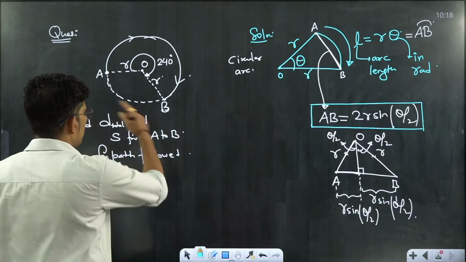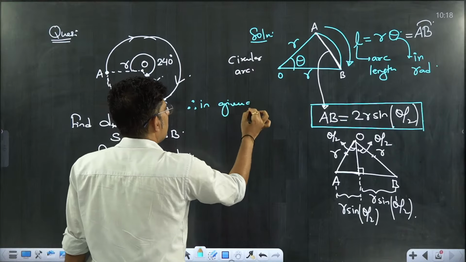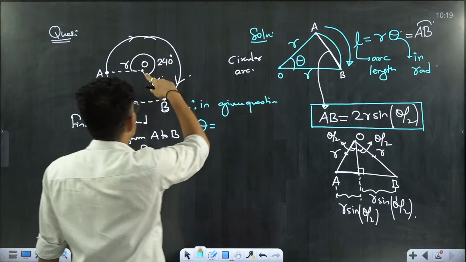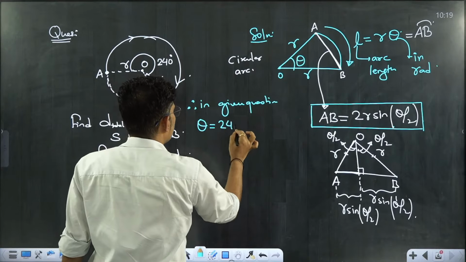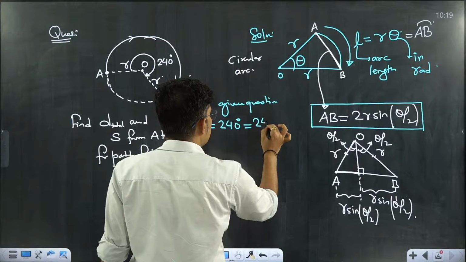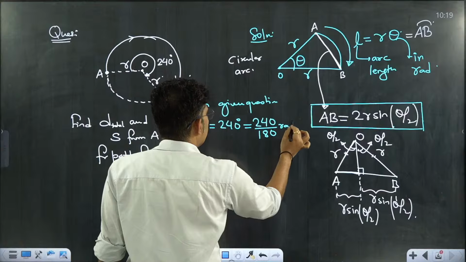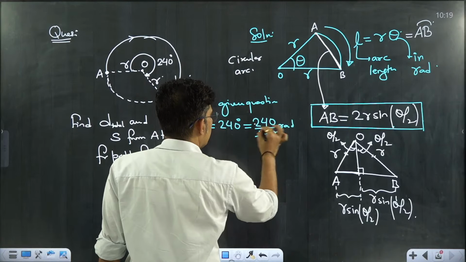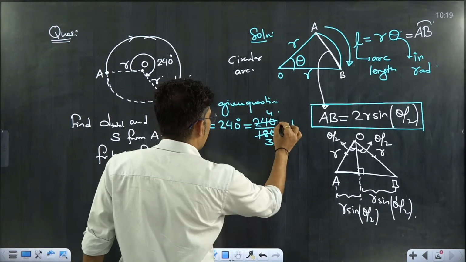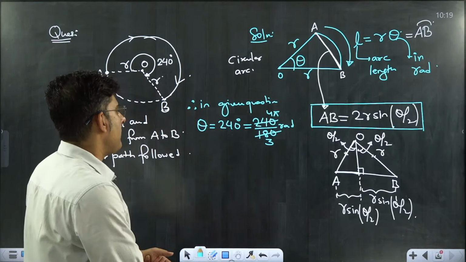So now coming back to this question, in the given question, how much angle have you turned? Theta, this value you can see is 240 degree. If you convert 240 degree into radians, we have seen 240 by 180 pi, so it comes to 4 pi by 3 radian.